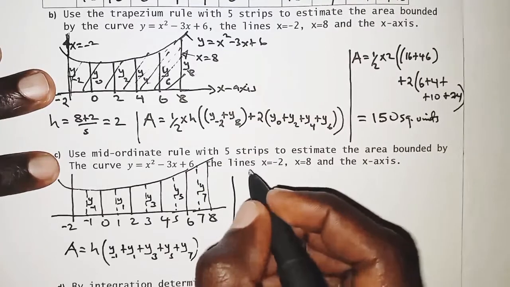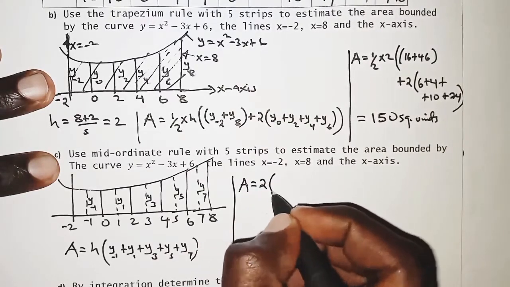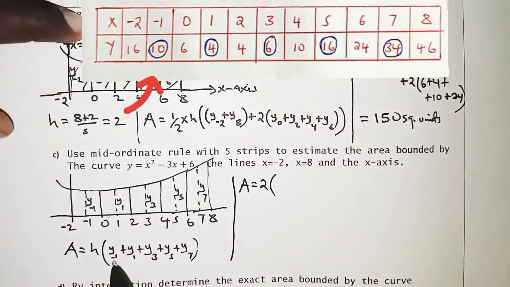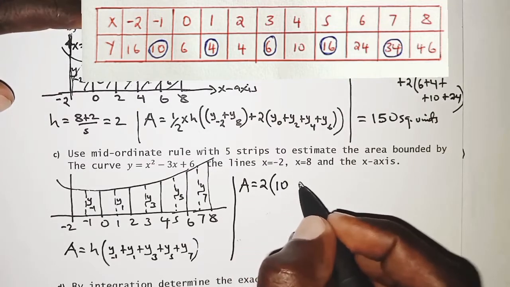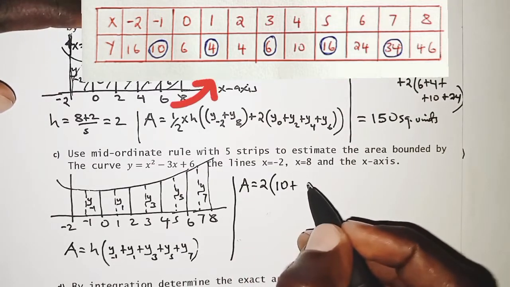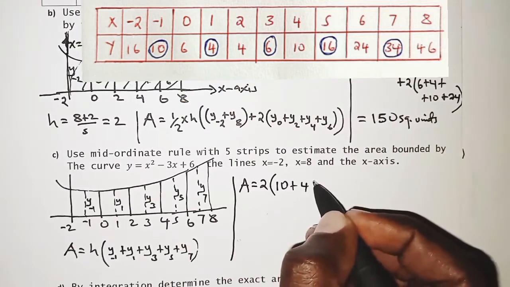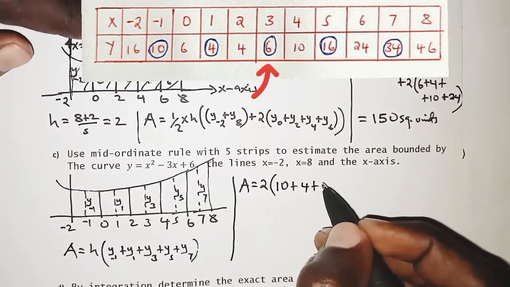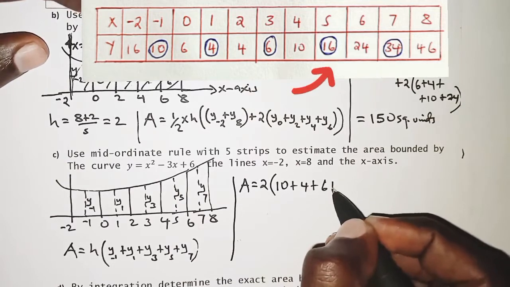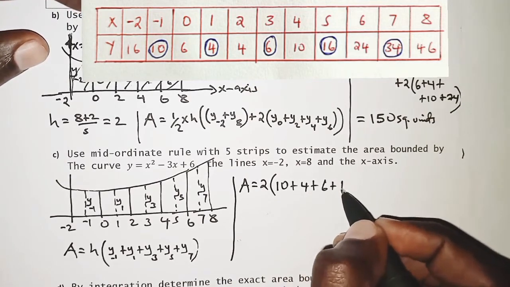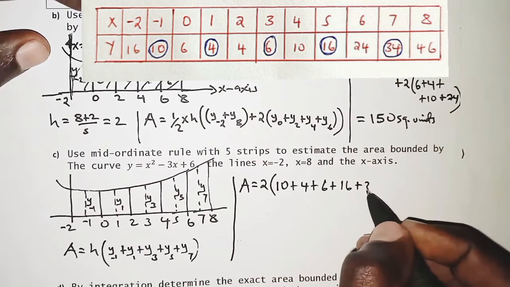So the area becomes h, which is 2, into y when x is negative 1, so that is 10, y when x is 1, that is 4, y when x is 3, that is 6, plus y when x is 5, that is 16, plus y when x is 7, that is 34.